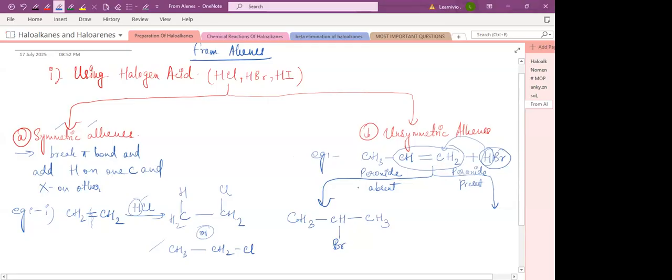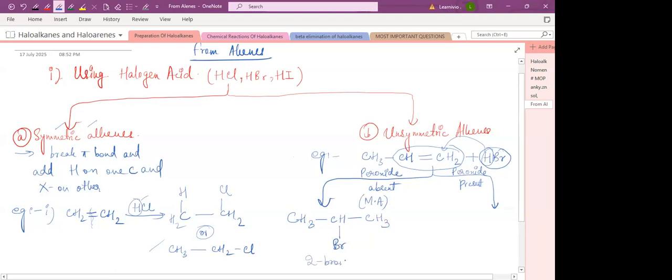So when the peroxide is absent, always remember to follow the Markovnikov addition rule. What is the name of this product? Yes, tell me. 2-bromopropane.